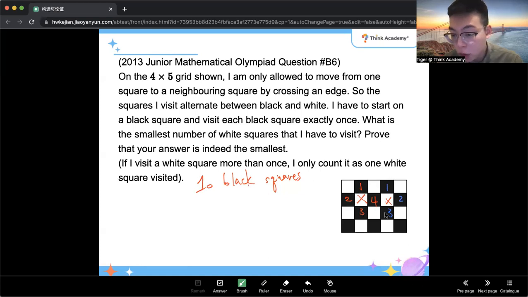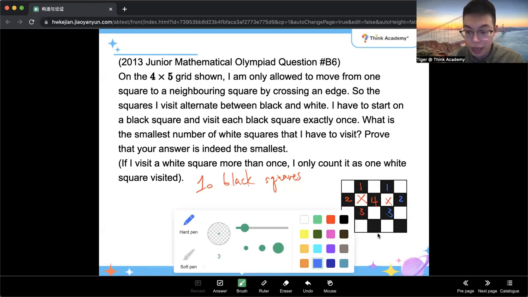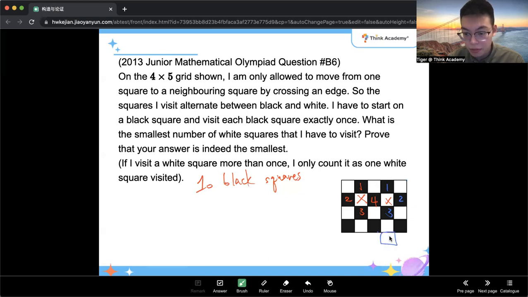But then why does it not work in this case? So think about if it is in a row like that, right? You can already have 10 black squares with 3 white squares. Or if it is going like that, yeah.